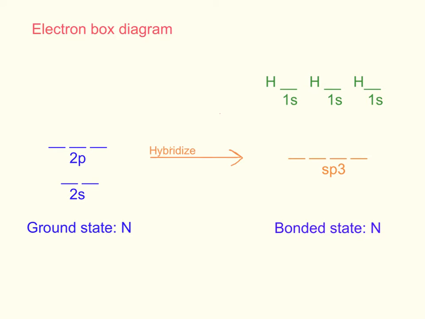Now I'll show you how to do the electron box diagram. First, you start with the ground state of the central atom for NH3. In this case, it's nitrogen. Nitrogen has 5 valence electrons. So this is how you show that.